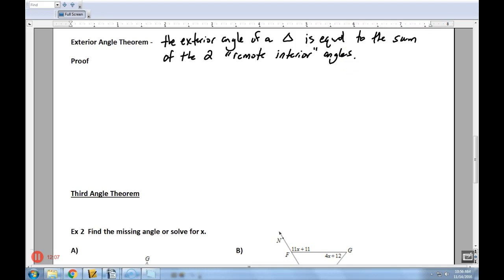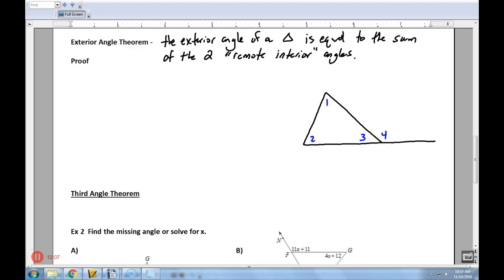So the outside angle of a triangle is equal to the sum, the addition, of the two far away interior angles. So for instance, let's just say we have a triangle here, and we extend one of the sides out further. So as far as our vocabulary goes, let me first label these angles. Let's call this number 1, number 2, number 3, and angle number 4.